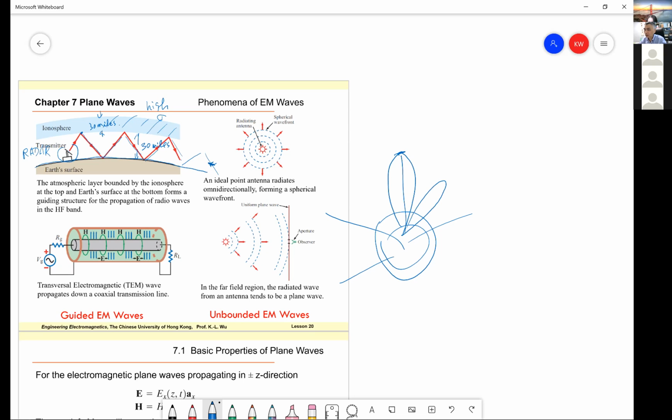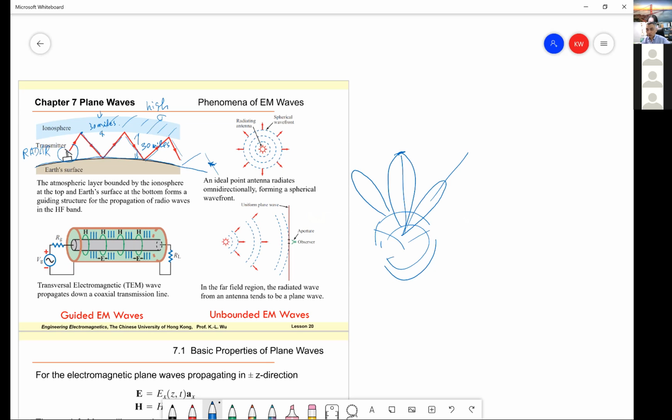We can have another beam point to another direction, and so on. So, for example, you see the radar on the ship, like a carrier. So they can track tens of objects at the same time, right? Okay, so that is an application of radar, right?